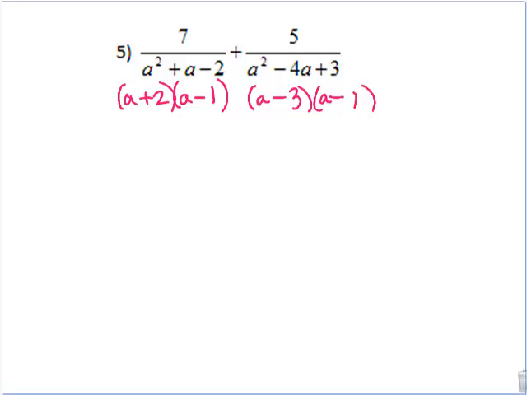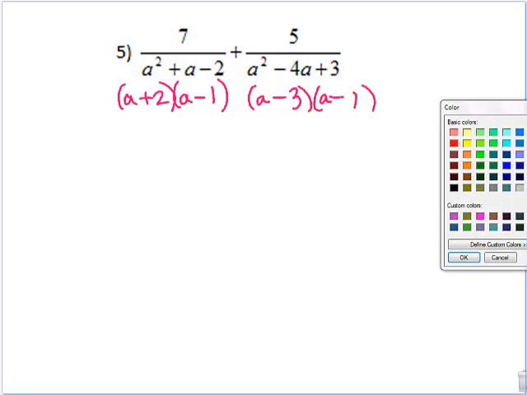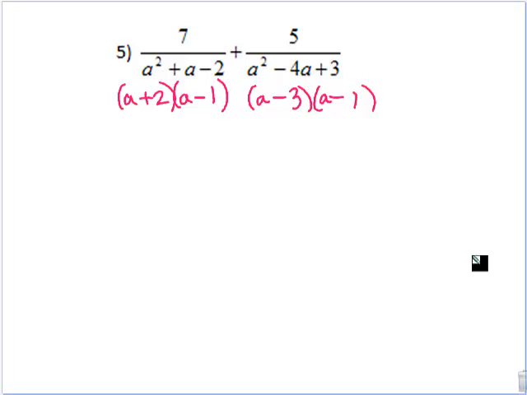Okay, so now that we factored it, do they have anything in common? They have an a minus 1 in common, which means we could certainly just figure out what other factors need to be on there for them to be the same. So this has a plus 2, a minus 1. This has a minus 3, a minus 1. So we want to make them completely identical. So what factor would we need to combine on to this first one so that I could get them the same?